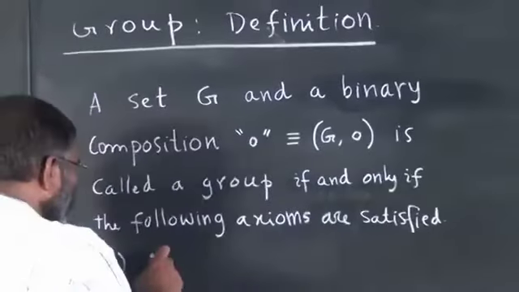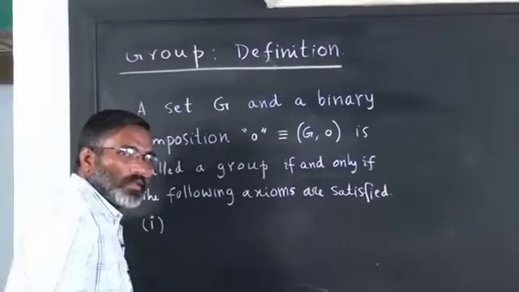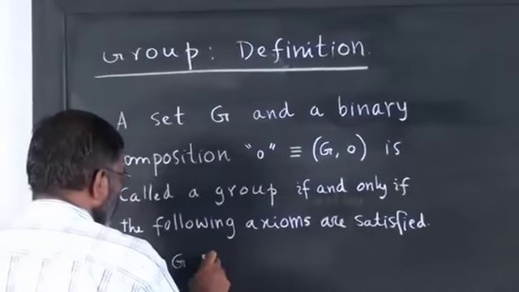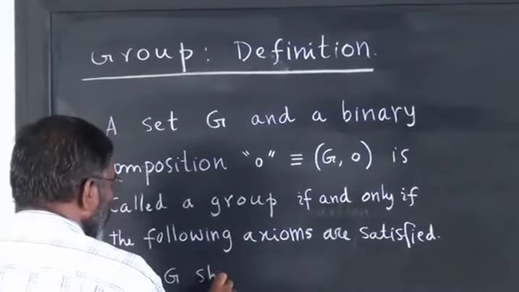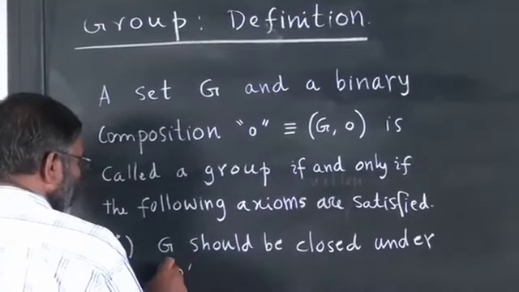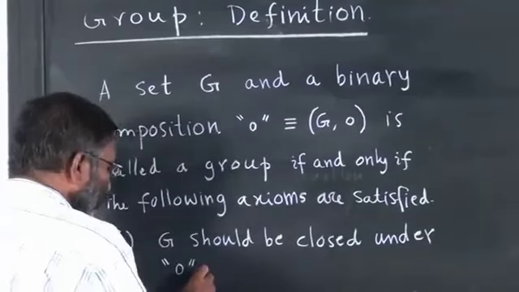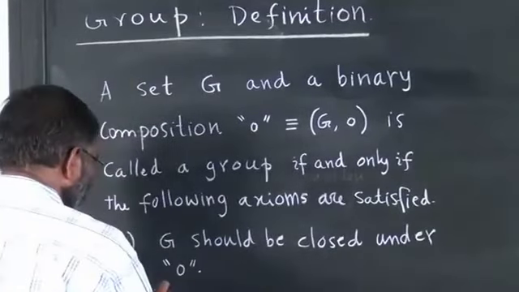What are the axioms? The first axiom is closure. So G should be closed under this binary operation circle. What does it mean?